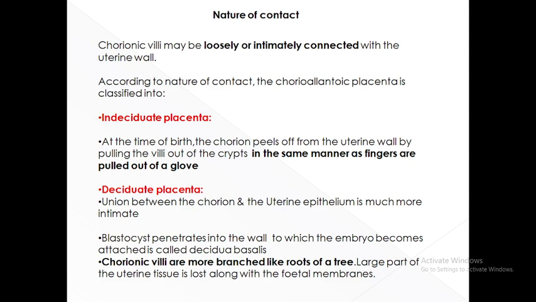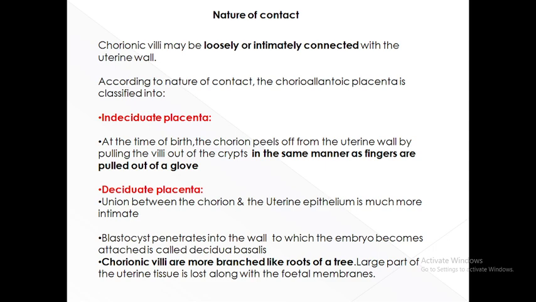But if we consider the deciduate placenta, there is a very strong connection between the maternal tissue and the fetal tissue. When the chorion gets peeled off, the chorionic villi are penetrated into the uterine wall in such a way that it looks similar to the roots of trees penetrating inside the soil.